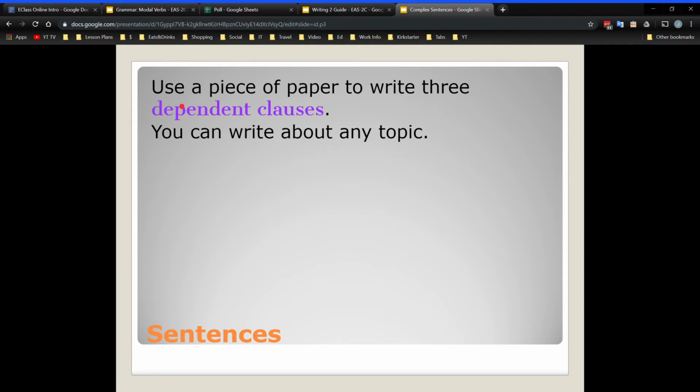Anyways, for this activity, you'll need a piece of paper and a pencil or a pen. And what I want you to do is write 3 dependent clauses. You can write about any topic. When we wrote our simple sentences and compound sentences, we wrote about hobbies and lunch. You can choose those as your topics, or you can write about something else. So I'm going to give you 6 minutes to do this. So ready, 3, 2, 1, go.